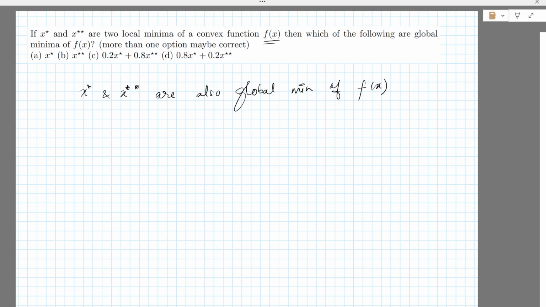So this and this are global minima, that we know. We need to check whether these and these are also global minima.